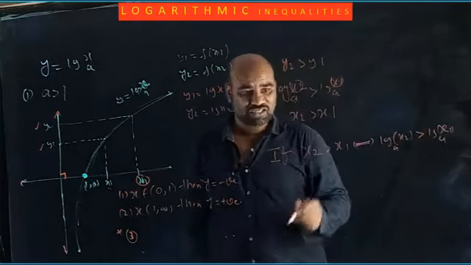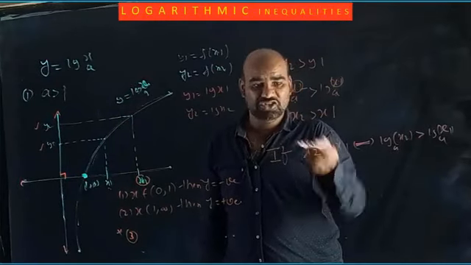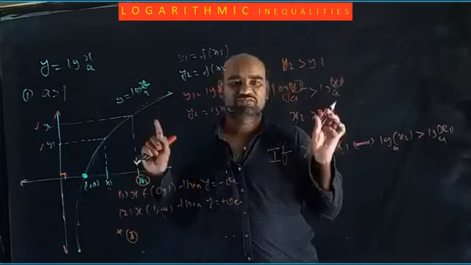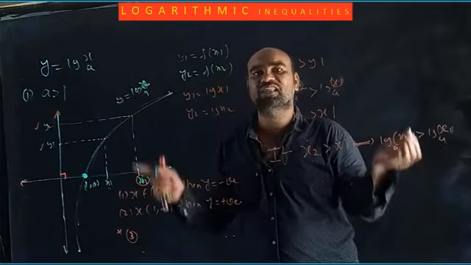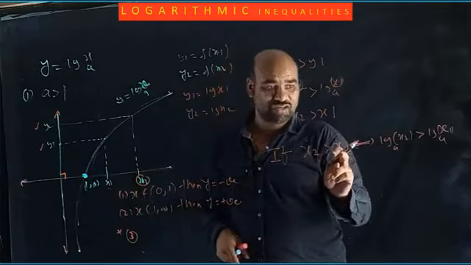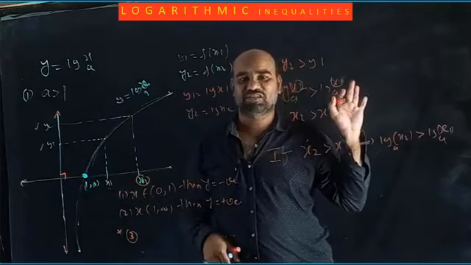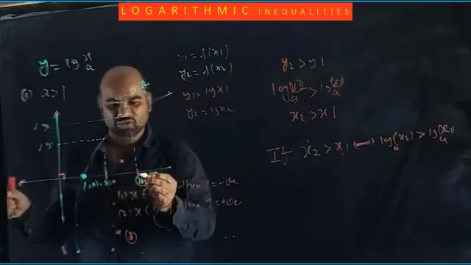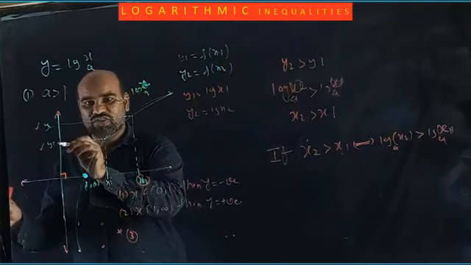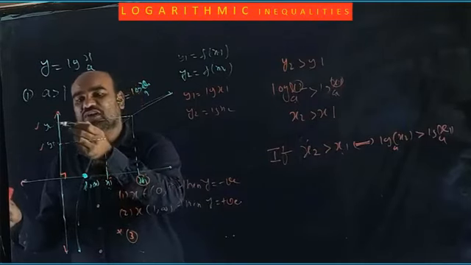Important note: if x2 is greater than x1, the logarithm of this is still greater than the logarithm of that, under the condition that a should be greater than 1. If a is greater than 1 and x2 is greater than x1, automatically log of x2 is greater than log of x1. Observe here: in your inputs x2 is greater than x1, and in the output also y2 is greater than y1.